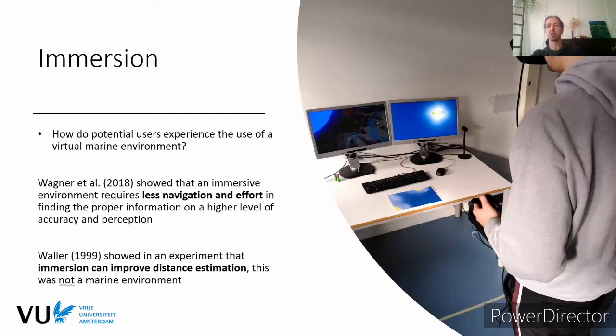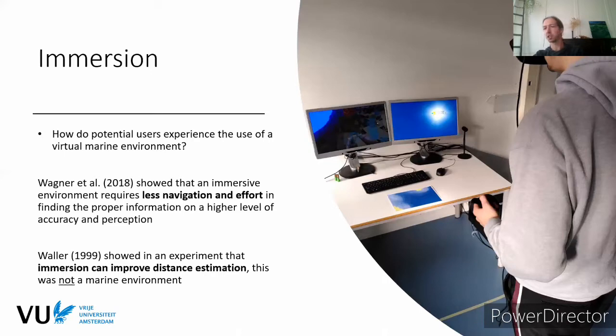And finally, of course, I looked at immersion. So how do you experience a virtual marine environment when you're using a virtual reality device? Because it was shown in previous research that immersion potentially requires less navigation and effort to move around in finding the proper information at a higher level of accuracy.